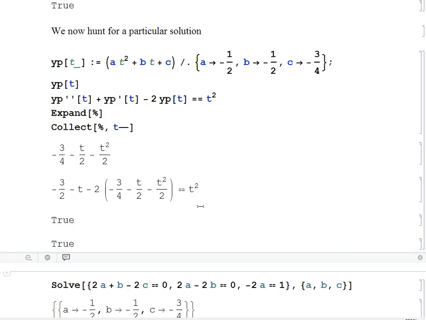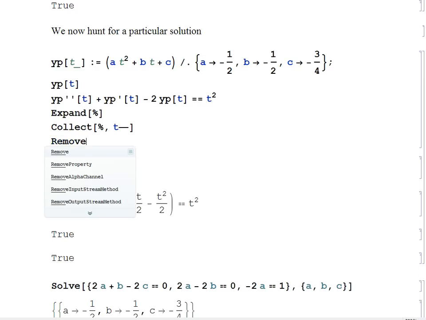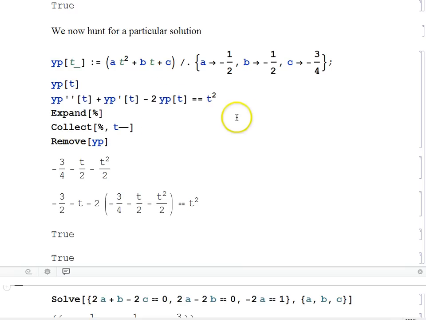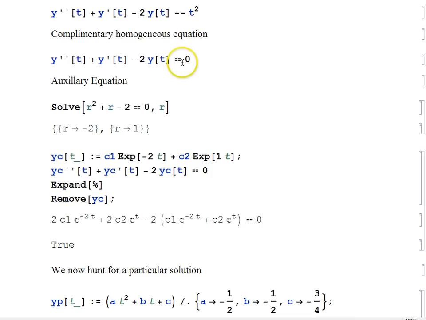Excellent. So we've got our yp. We didn't remove that. We should do that. There. The blue tells me it's removed. I've got the solution that can make this equal to 0, and I've got a particular solution that makes this thing equal to t squared.